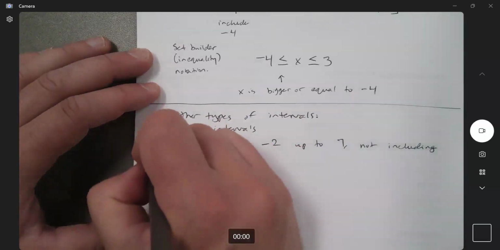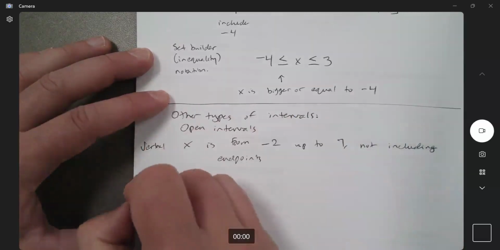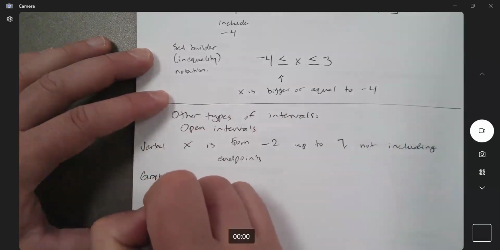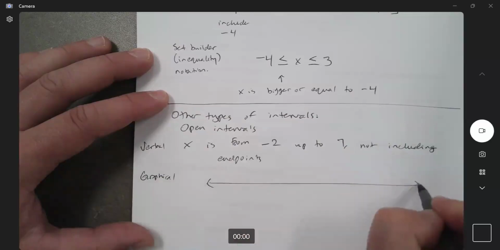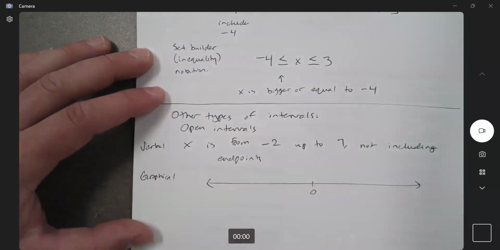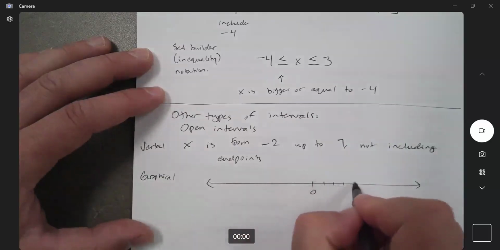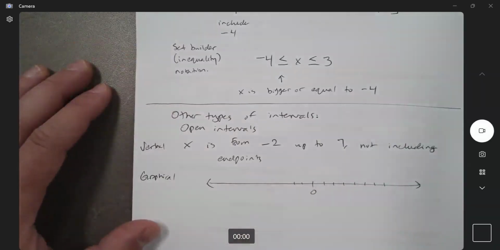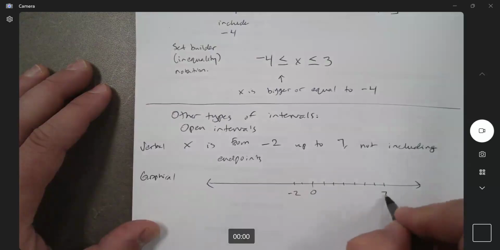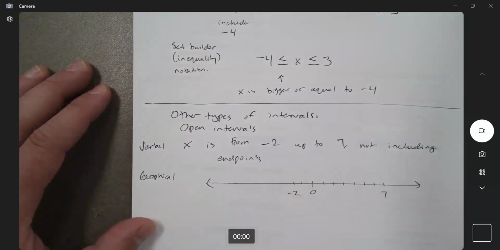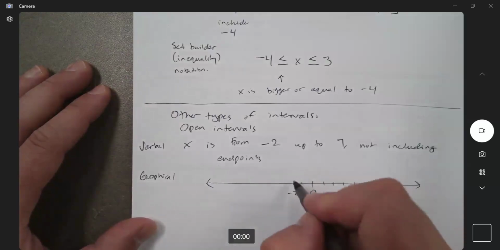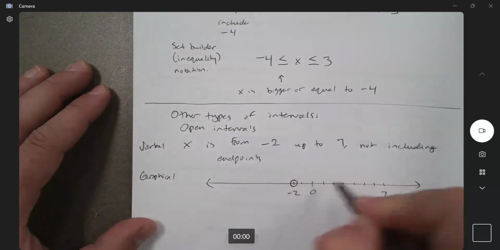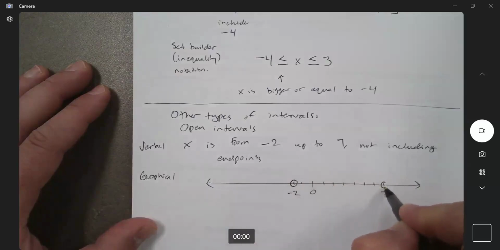That's my verbal. My graphical, similar. Draw a number line, stick a 0 in the middle, get my numbers on there, -2 up to 7. So we still get to shade what's between -2 and 7, but to show that we're not including it, we put an open circle around those points, like that.